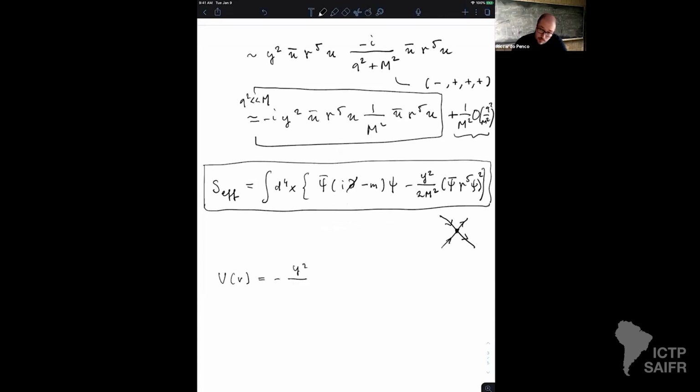So something of this form, with an exponential damping.